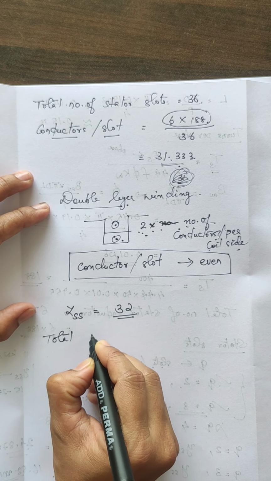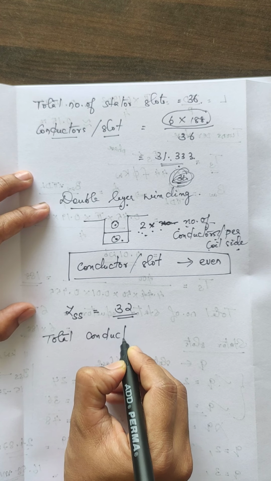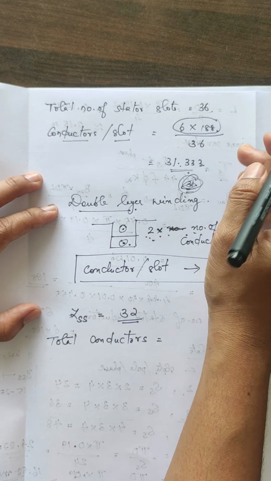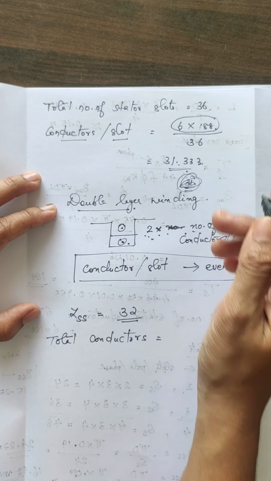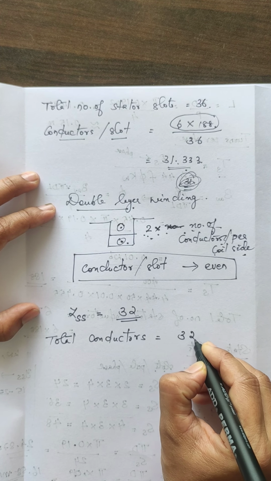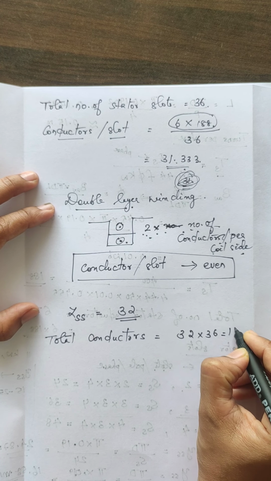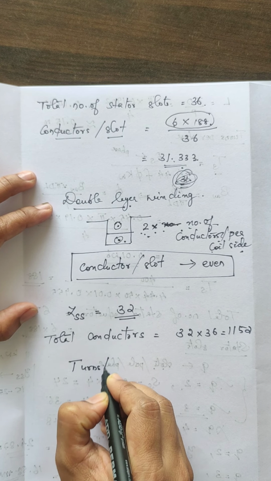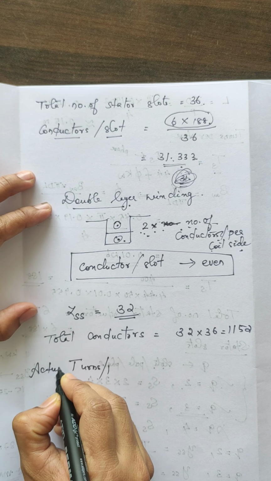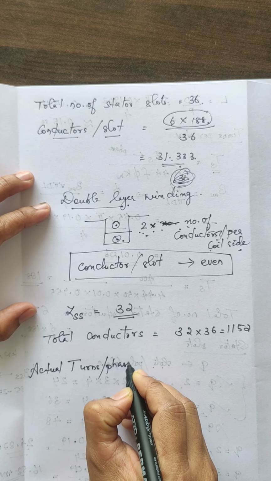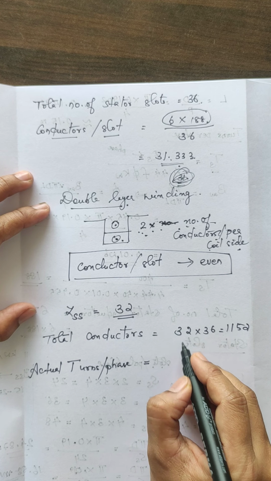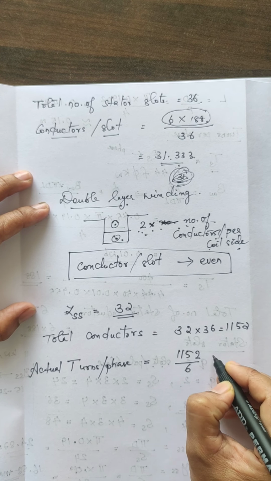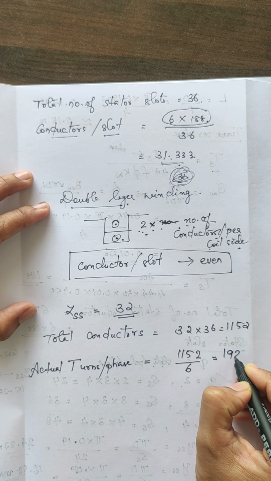Total conductors becomes 32 into 36, which is equal to 1152, and the new, actual value of turns per phase becomes total conductors divided by 6, that is 1152 divided by 6, equal to 192.